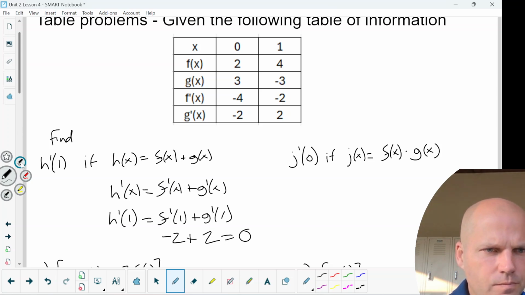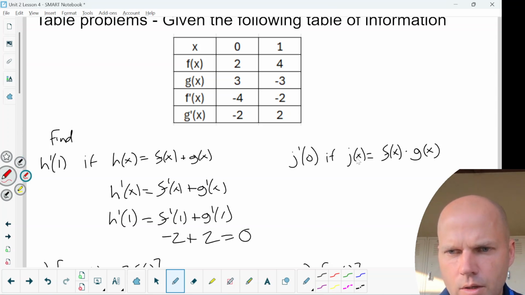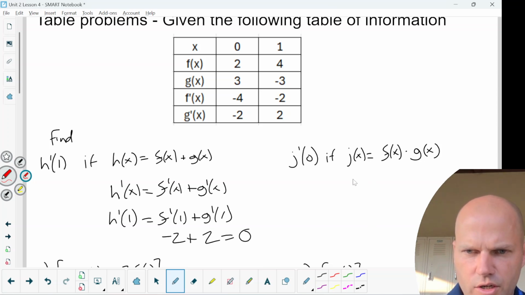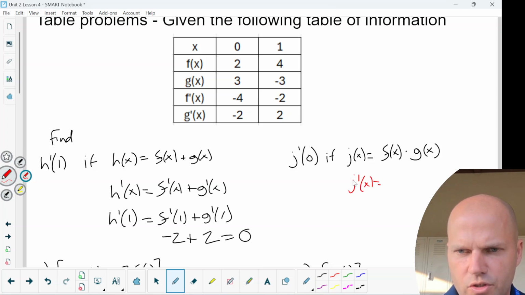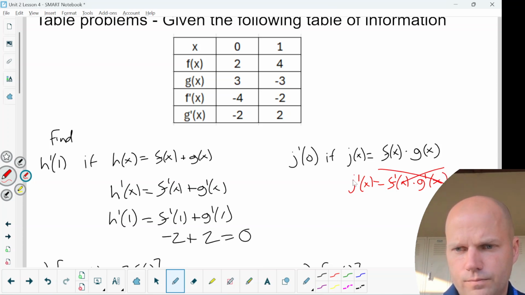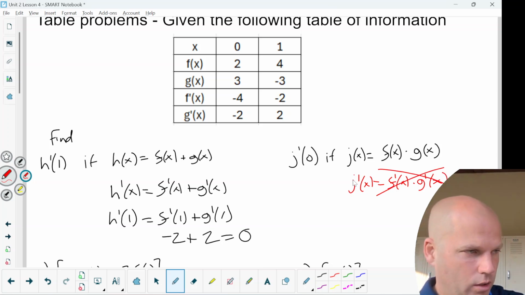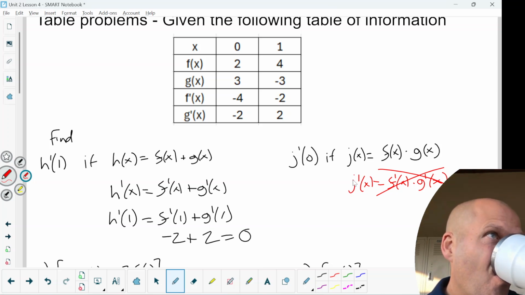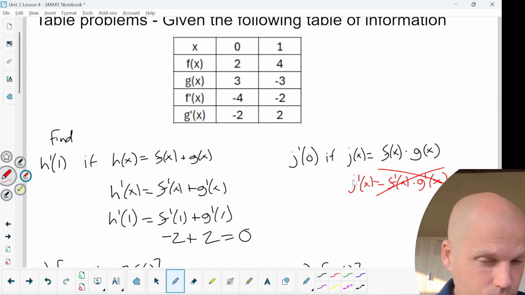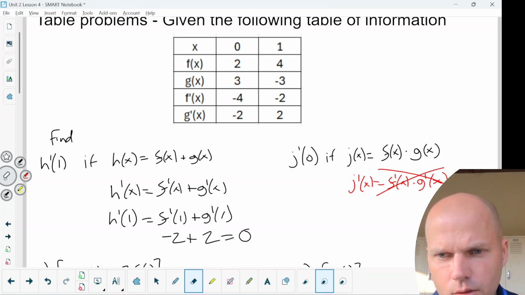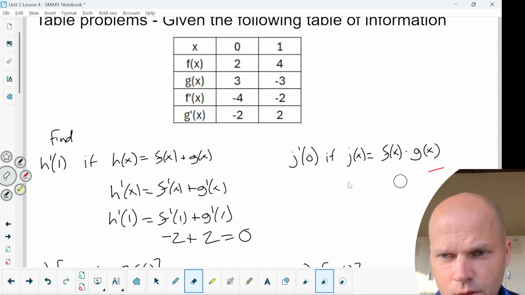Seems easy enough. But then we go to this problem on the right, and it's like, okay, j prime of 0, and j is equal to f times g, and you're like, okay, j slopes is equal to f slopes times g slopes. And you are wrong. Why are you wrong? I hope you're thinking about this.